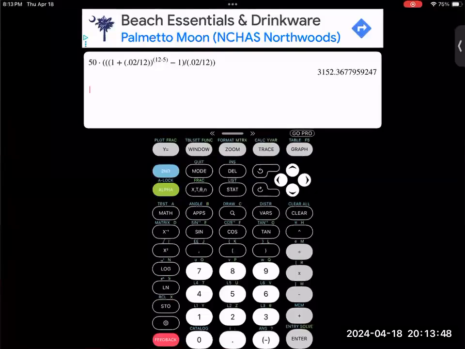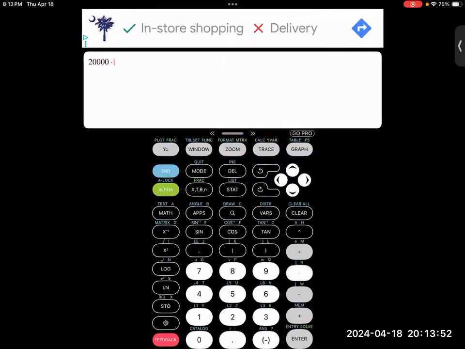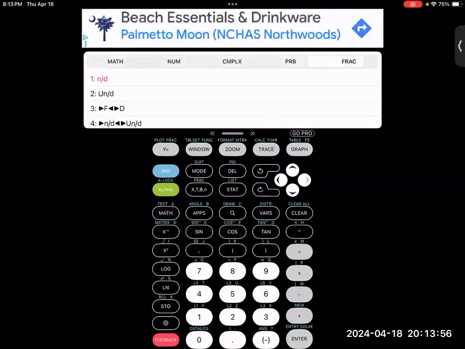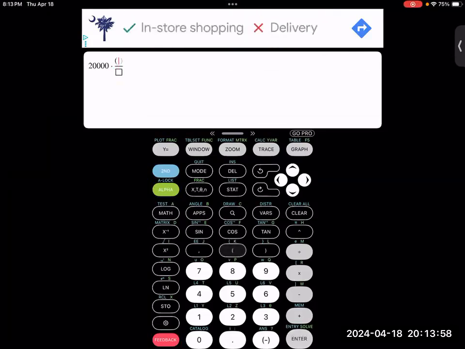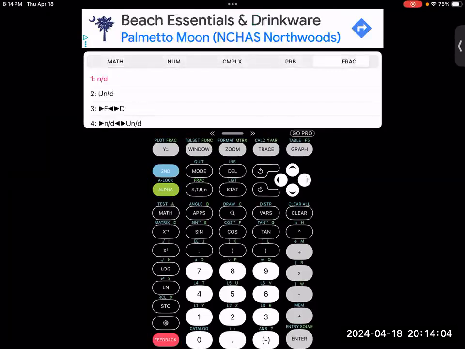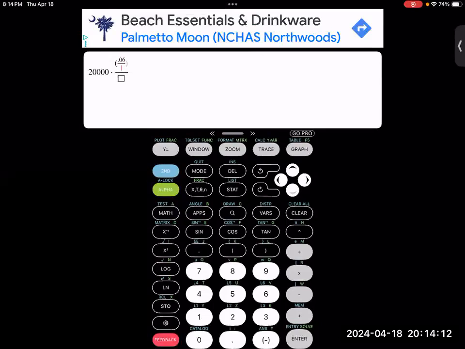We said $20,000 times, and I'm actually going to do the fractional button this time to show you what it looks like. So you can actually do a double fraction if you wanted. So if you wanted it to look something like this, we have 0.06, I think it was 0.06.